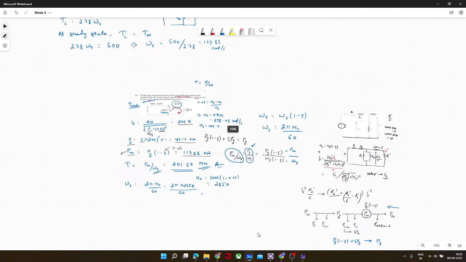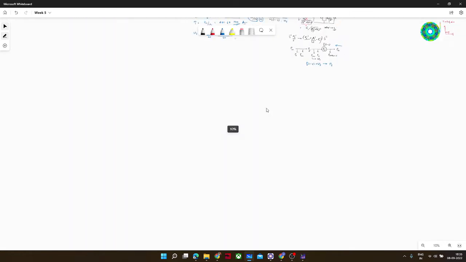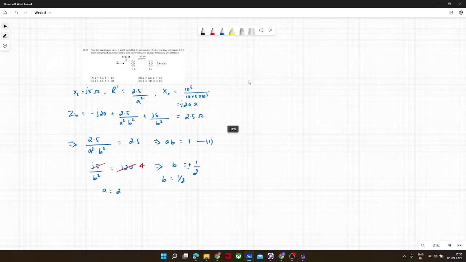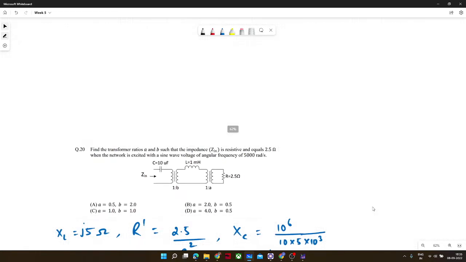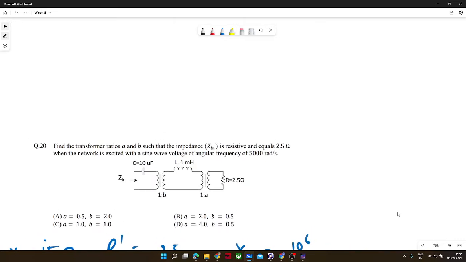Let me move ahead with another problem. This is a basic circuit question, and it also has some turns ratio concept of a transformer.